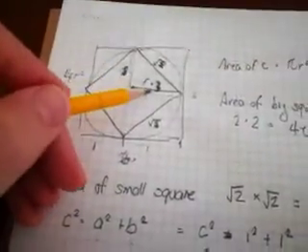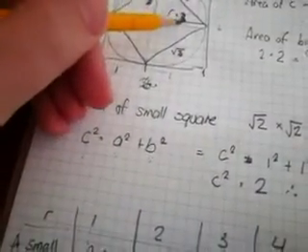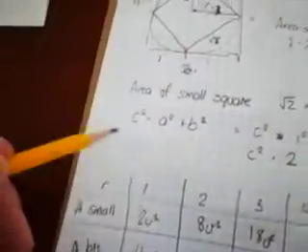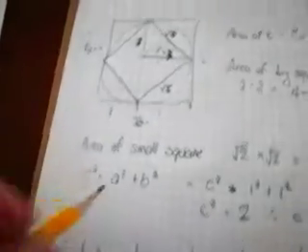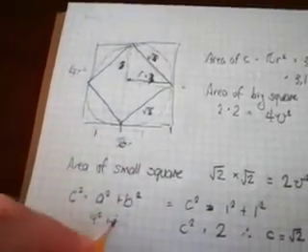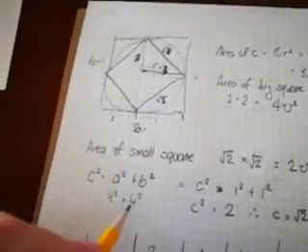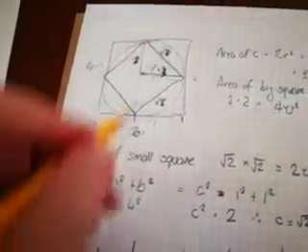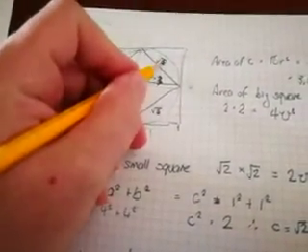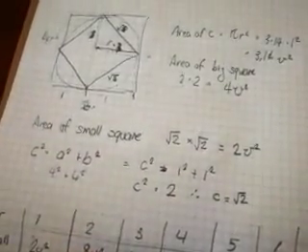If this was 4, using the Pythagoras rule, it's 4 squared plus 4 squared, so 16 plus 16 is 32. The square root of 32 times the square root of 32 is 32. And one more.